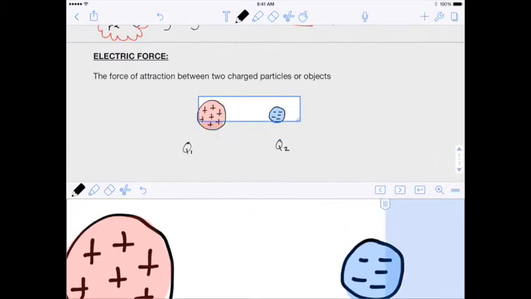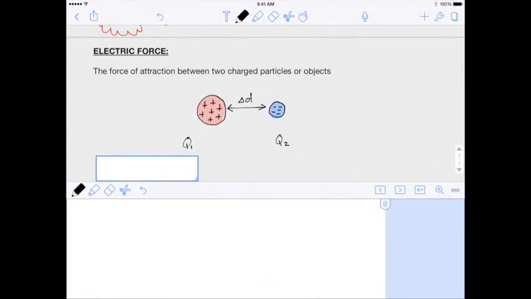And they're located at a distance from each other. So we know from grade 9 that the law of electrostatic attraction and repulsion states that these two objects should be attracted to each other. There should be a force that pulls them together. And there is a force. And the equation that governs this is one that looks like this.